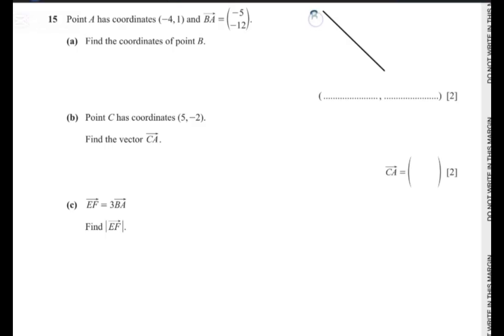This is B, this is A, and this is the vector. Now if I take O, this is O, BA will be AO plus OB.